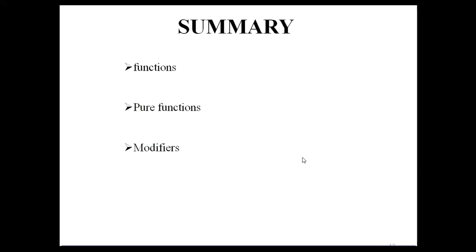So this marks the end of this lecture. Let us summarize the topics we have studied. First we studied how to declare or define a function within a class, and we studied two different types of functions: the first is the pure function, the second is the modifier function. We concluded that pure functions are going to return one fruitful value.